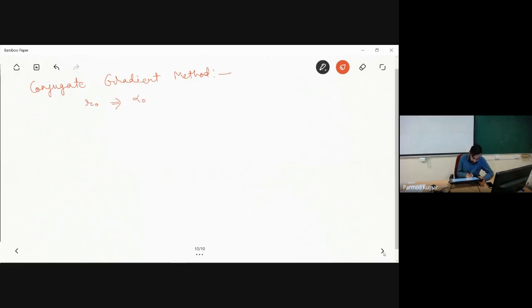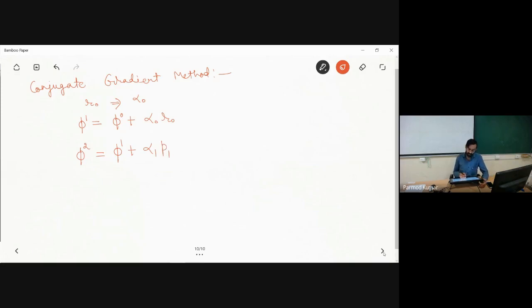If I have alpha 0, I can find phi 1 as nothing but phi naught plus alpha 0 into R0. But when I progress to the second iteration, while writing phi 2, I will not move along the direction of the residual. Rather, I will write it as phi 1 plus alpha 1 and some other direction P1.